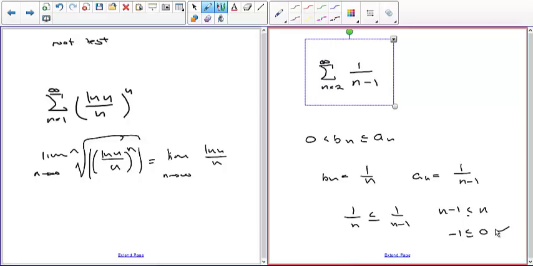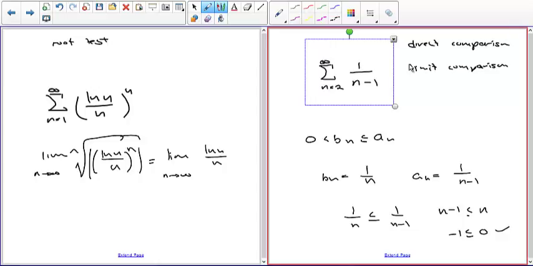So that is true. So you actually could use the direct comparison test because this diverges and this is always smaller than that, then if this diverges, then that diverges. So in this case, you could use the direct comparison test, or you could use the limit comparison test.